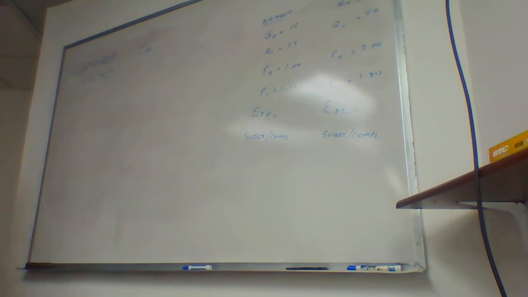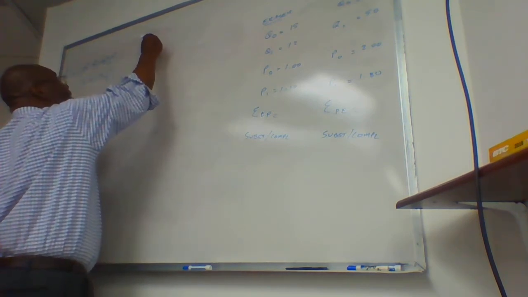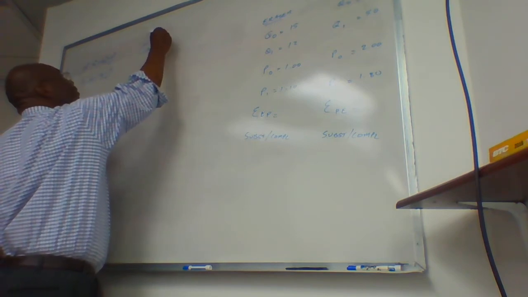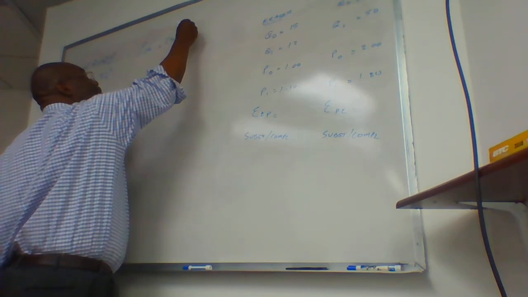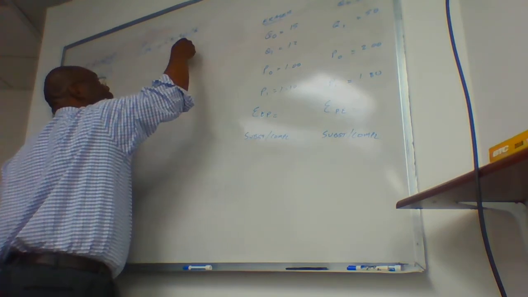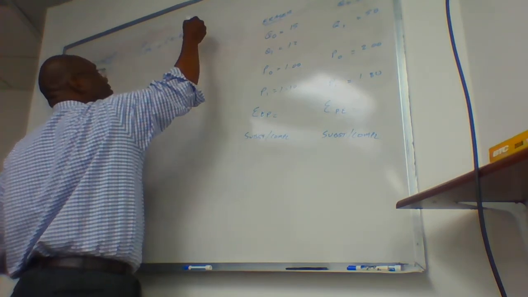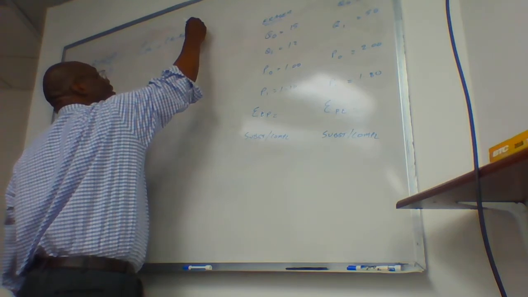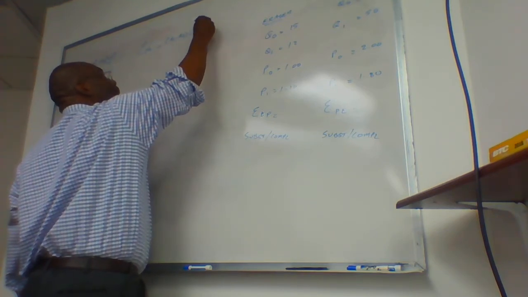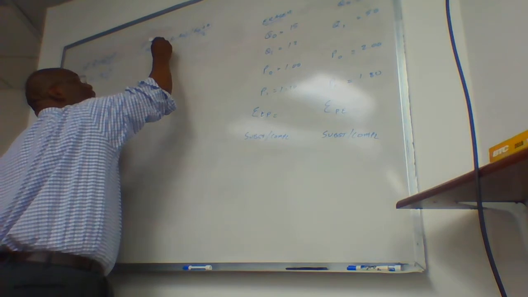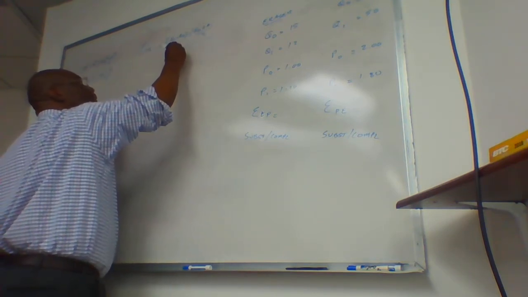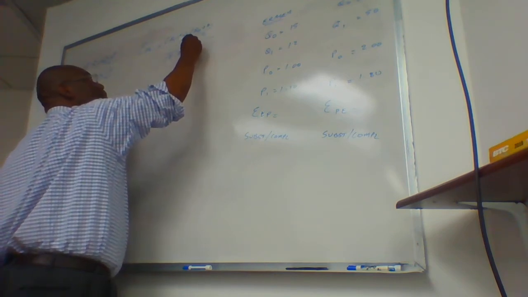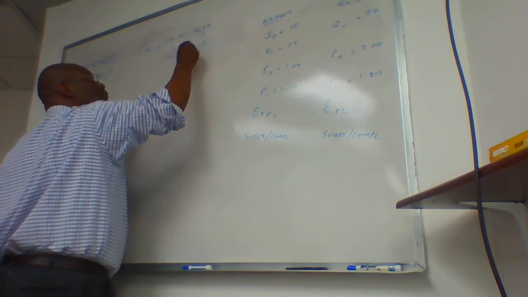While I'm here, let's do Q1 minus Q0 divided by Q0 plus Q1 over 2, and all over P1 minus P0 divided by P0 plus P1 over 2.